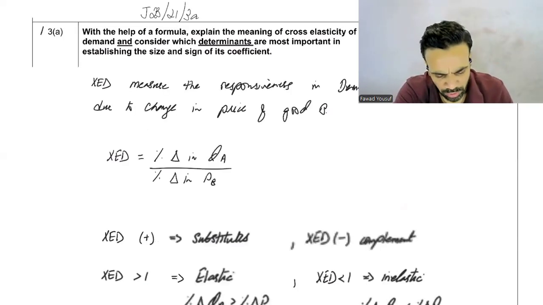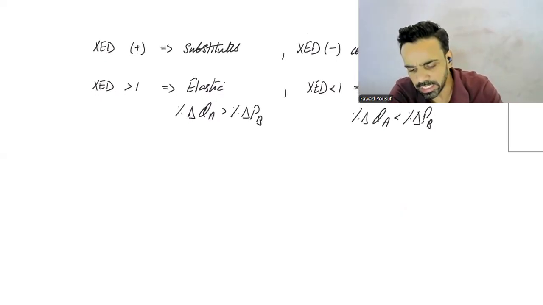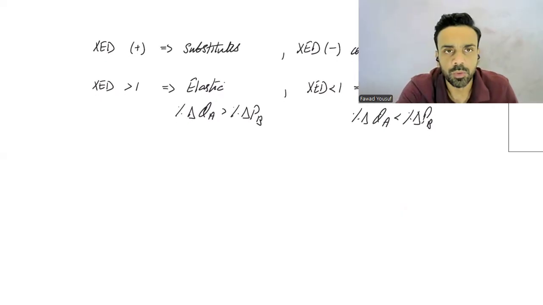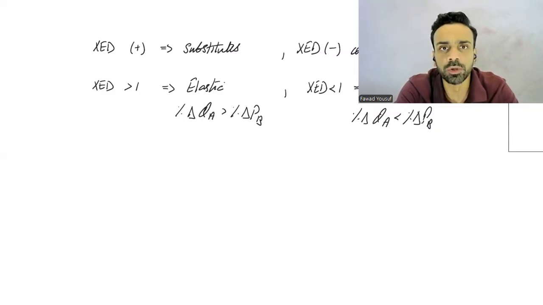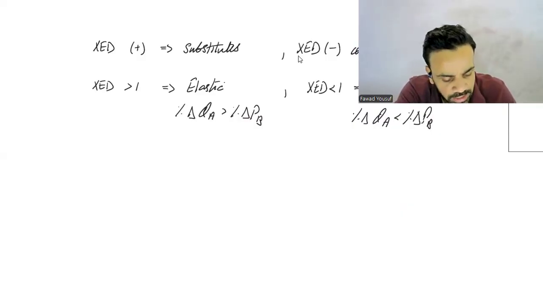तो मुझे तो इसमें जो सिंप्लिसिटी नजर आ रही है वो ये है कि फॉर माय एनालिसिस डिस्कशन what I would do is I would talk about one of the determinants which decides the sign is whether the good is substitute or complement के अंदर.